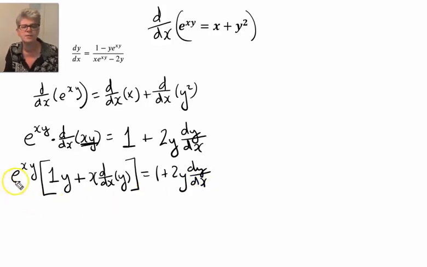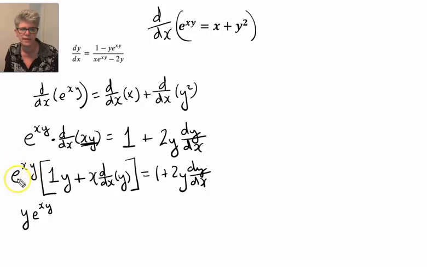Okay, now I'm going to multiply the e to the xy through. Everything else is algebra from here on out. So I'll have e to the xy times 1 times y. So that's just going to be e to the xy times y, and I'm going to put the y out the front. Okay, so when I multiply this times that, I'm just going to change the order, and I don't need the 1 anymore.